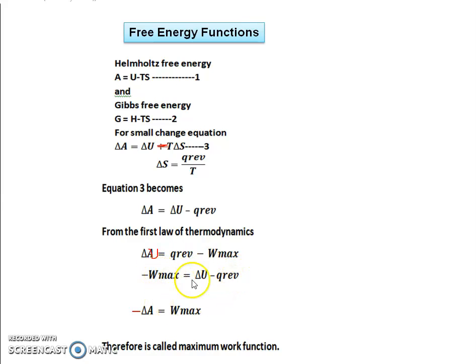Therefore, delta A is equal to minus W max, or minus delta A is equal to W max. Therefore, the change in Helmholtz free energy is equal to the maximum work, and it is known as the Helmholtz free energy, or the maximum work function.